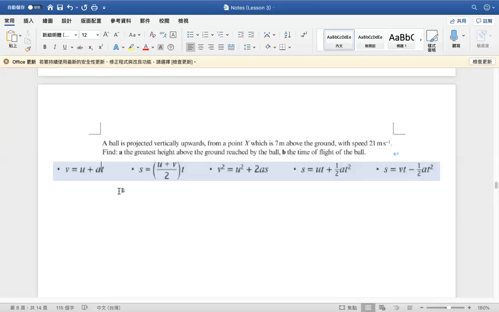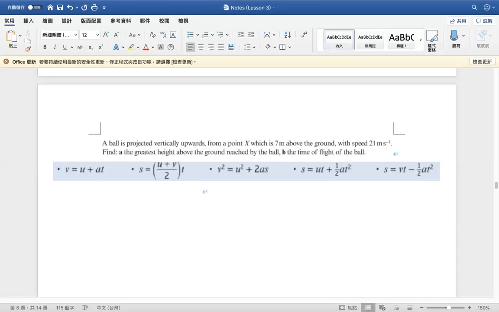Does s equal displacement or distance? Displacement. And in certain instances, displacement is just the same as distance. For example, for the last question, we talk about the distance between two points, which is the same as the displacement.